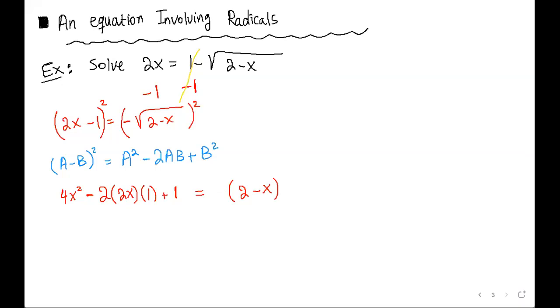Simplifying these things, I get 4x squared minus 2 times 2 is 4. How can I solve this quadratic equation?